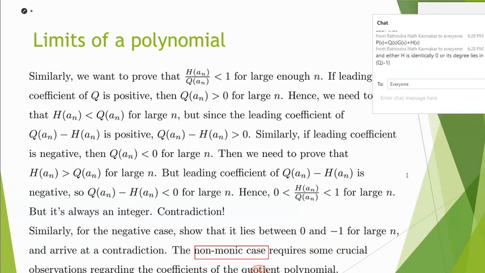That is the division algorithm for rational polynomials. This can be applied even when q is non-monic.